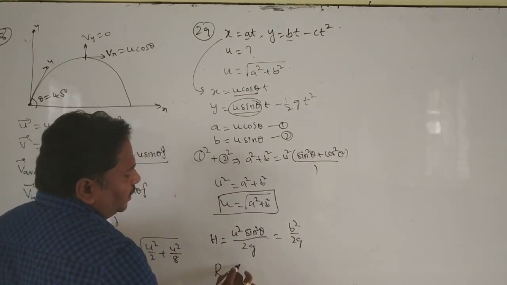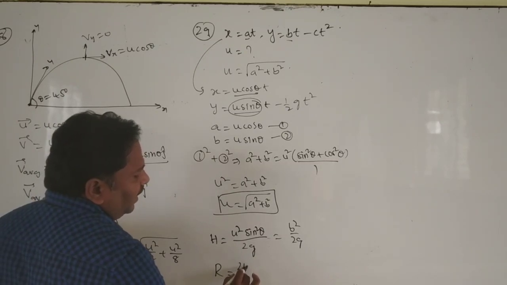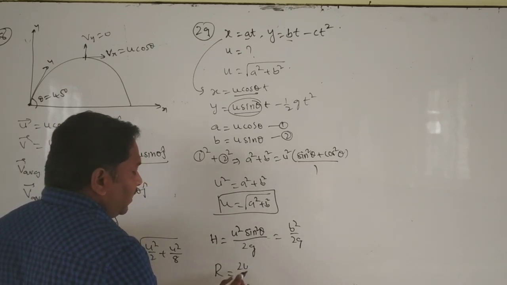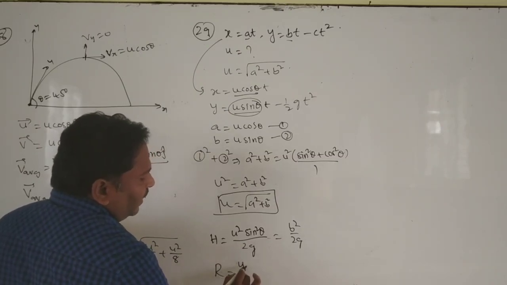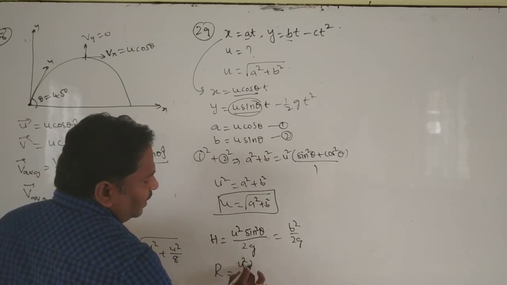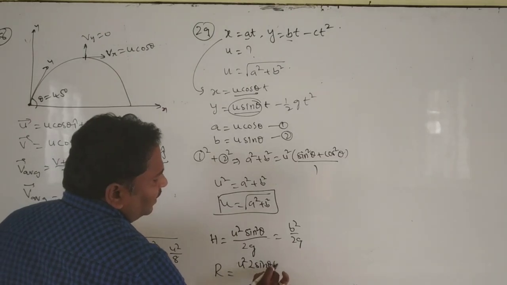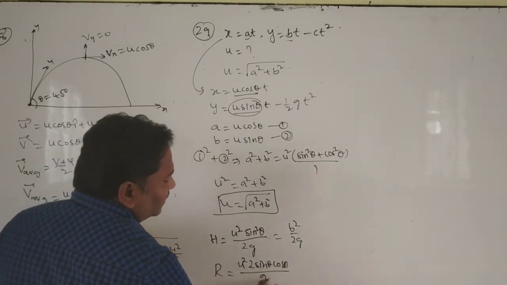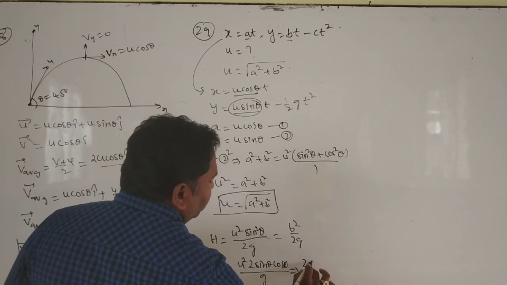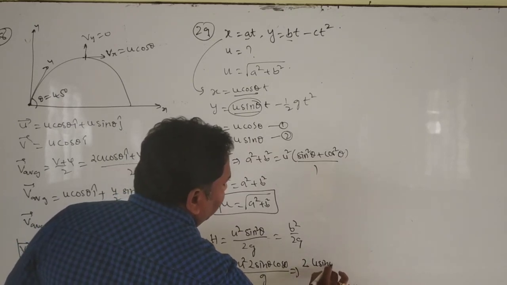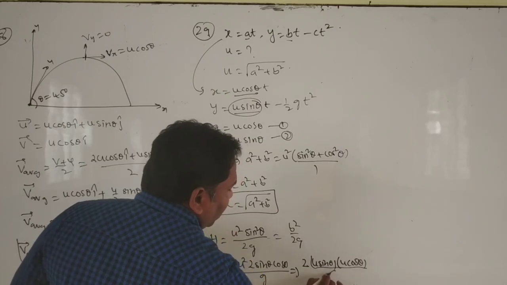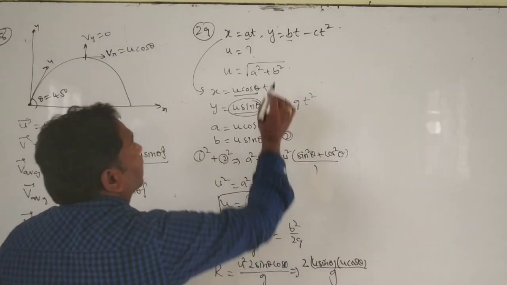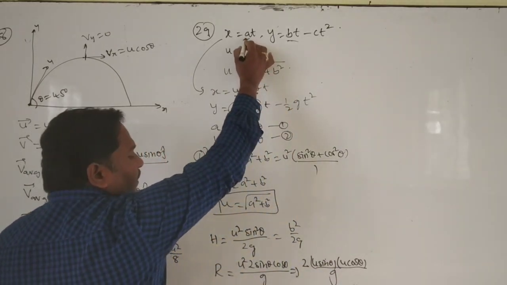Range equals 2u square sin theta cos theta by g, which can be written as 2 into u sin theta into u cos theta by g, and u sin theta means b, u cos theta means a.